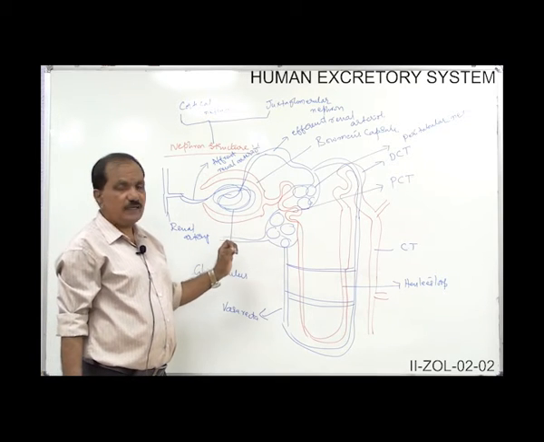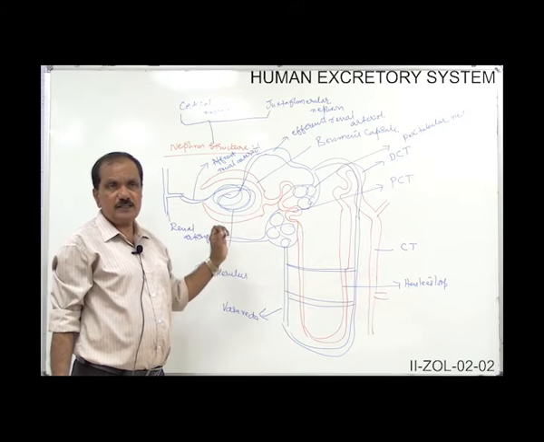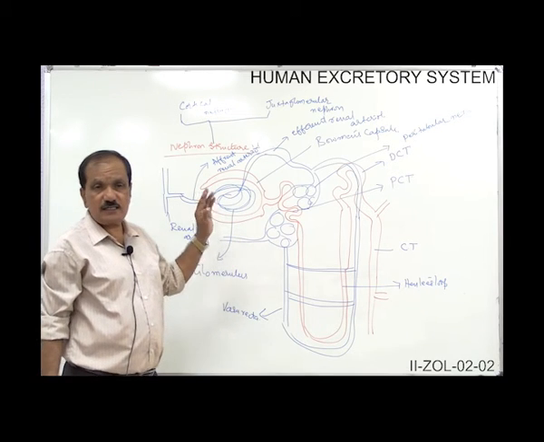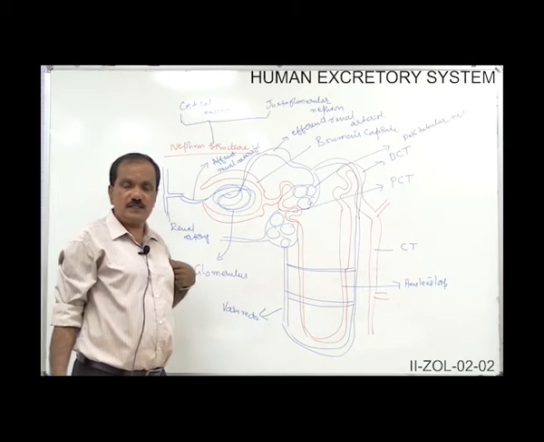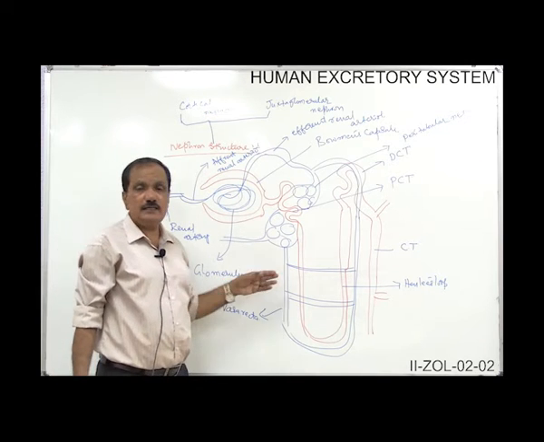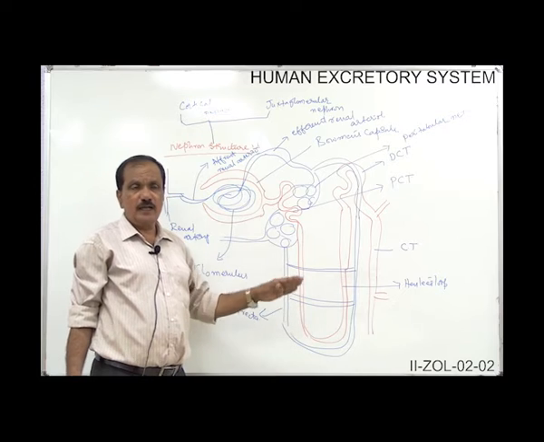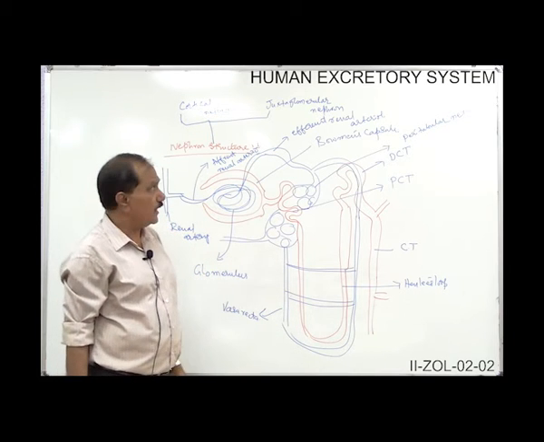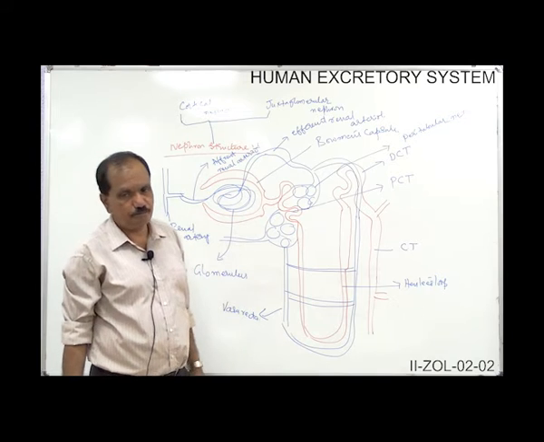So the cortical nephrons may or may not have the Henle's loop and they are present in the cortex, whereas the juxtaglomerular nephrons are those which are present in the cortex, and their Henle's loop is very long, and they will extend the Henle's loop at the lower side of the medulla. Hence, they are called the juxtaglomerular nephrons.